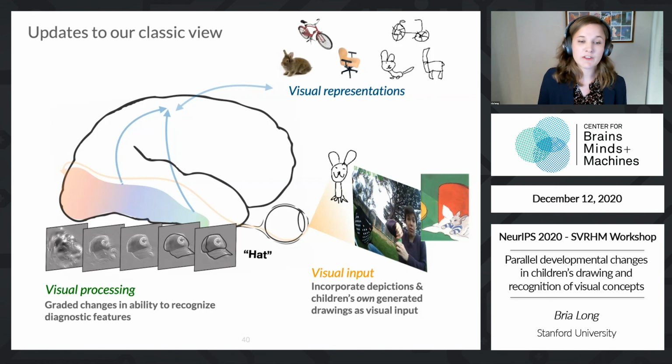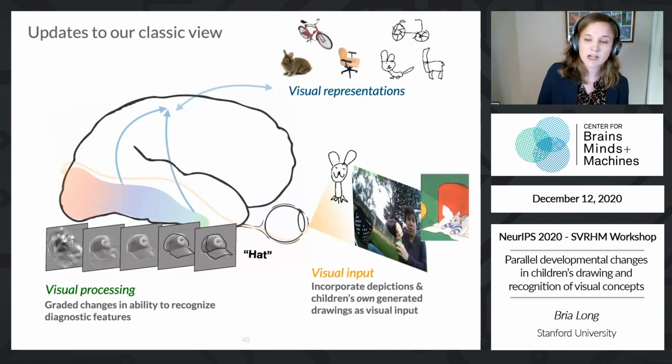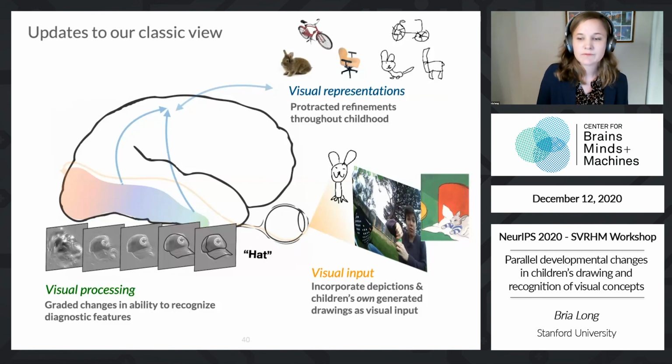Broadly, these results add to the growing literature that there are graded changes in children's visual recognition abilities throughout childhood, and in particular suggest that there are changes in the ability to express and use diagnostic features of different object categories during both visual production and visual recognition. In turn, I think these results point to a much more protracted developmental trajectory for visual concepts than we might have imagined, one that emerges in tandem with many other aspects of cognitive development.